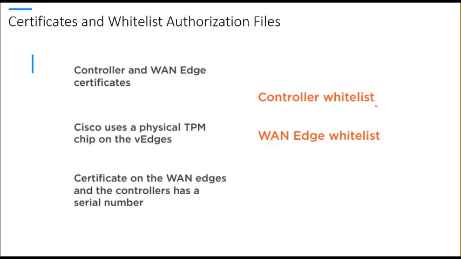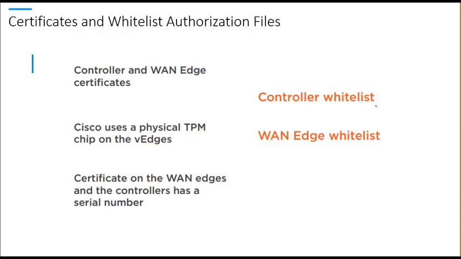If the certificate is not loaded, the authentication process is going to fail, and when it comes up, it won't be able to participate in the SD-WAN overlay network. So this pre-signed certificate is what Cisco uses, and it is kept in the TPM chip in the WAN edge router.